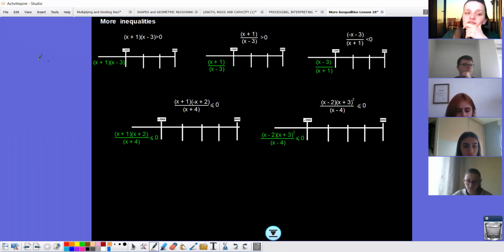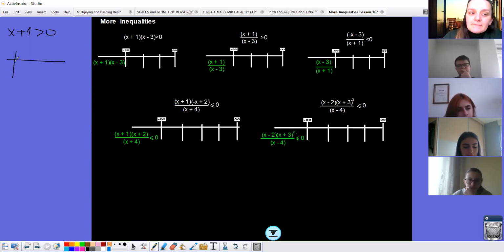But I want to ask you, for example, when we have x plus 1 greater than 0, how do we call this one? Linear inequality. So if I want to draw a sign chart for this one, how was I drawing it?